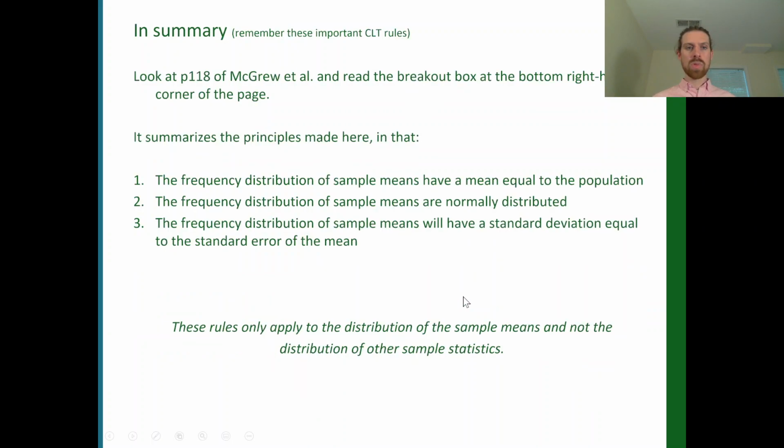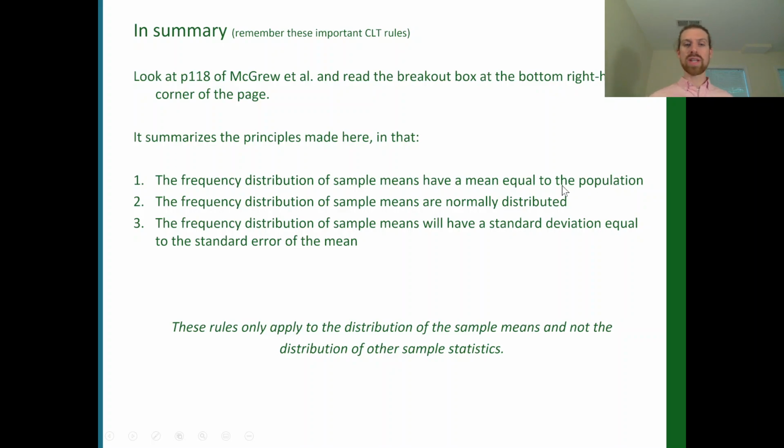Okay. So in summary, look at page 118 of McGrew et al., which is going to give you a good overview of the central limit theorem, and read the breakout box at the bottom right-hand corner of the page. It summarizes the principles that I state here. If you collect a set of sample results, the frequency distribution of the means will have a mean equal to the population mean.